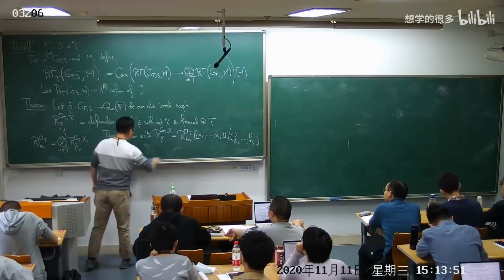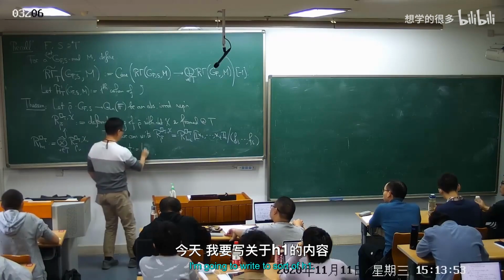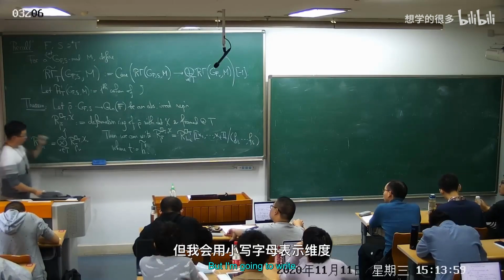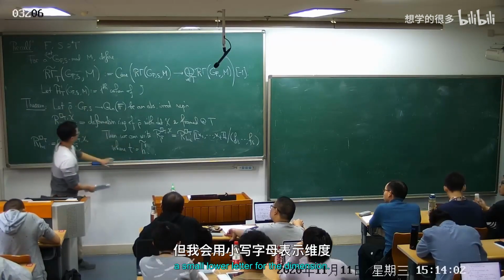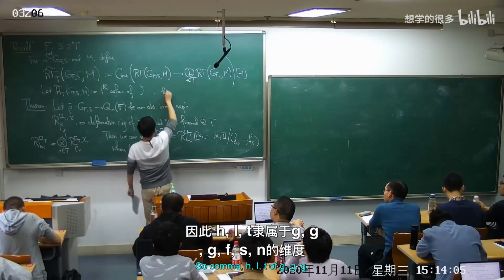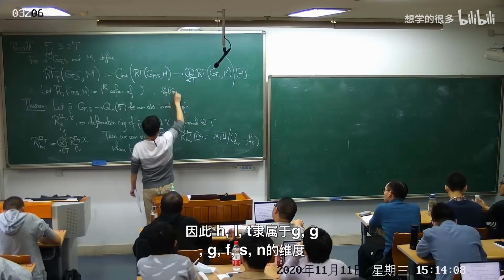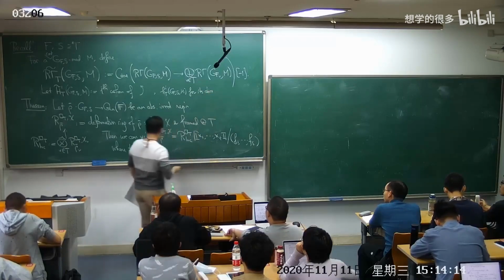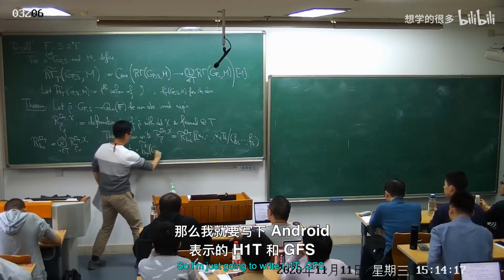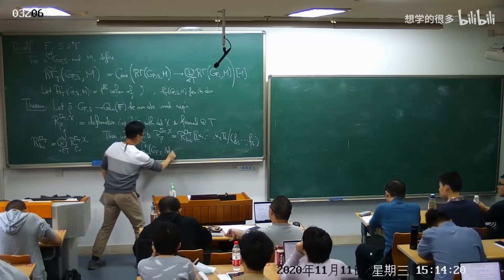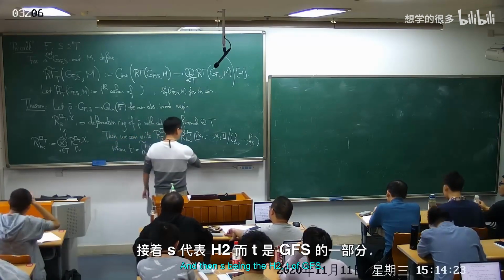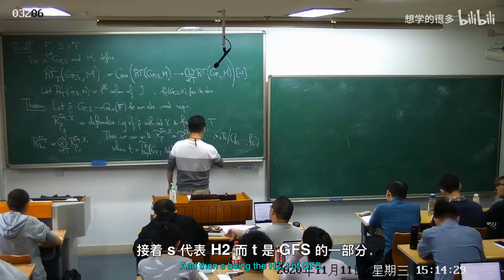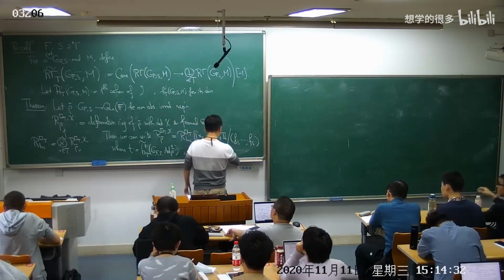So for today, I'm going to write capital H^1 for the space of this cohomology, but a small lowercase h for the dimension, h^i_T(G_{F,S}, M). So I'm going to write h^1_T(G_{F,S}, ad rho bar), and s being h^2_T(G_{F,S}, ad rho bar).